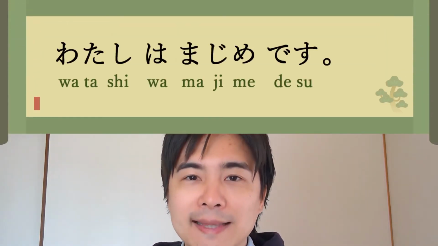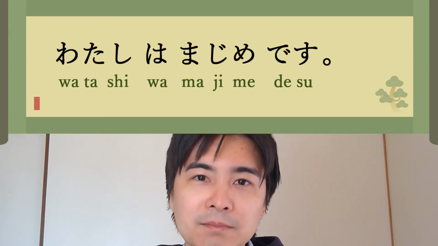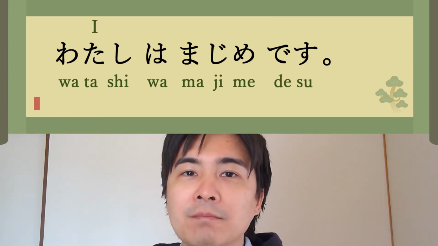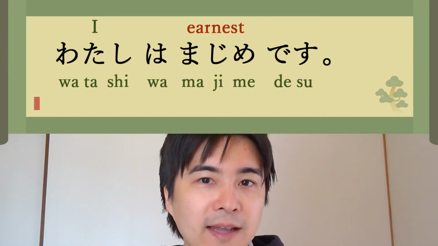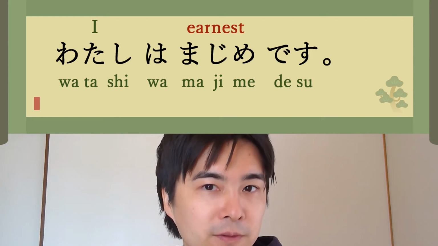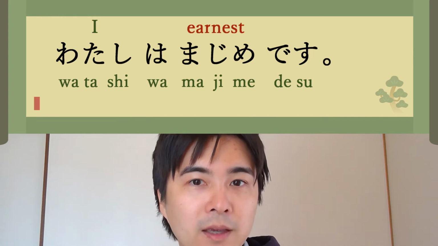For example, do you remember how to say I am earnest in Japanese? It's 私は真面目です。私 means I, and 真面目な is a Na-adjective meaning earnest. And the last character な is removed from 真面目な because it is followed by です.